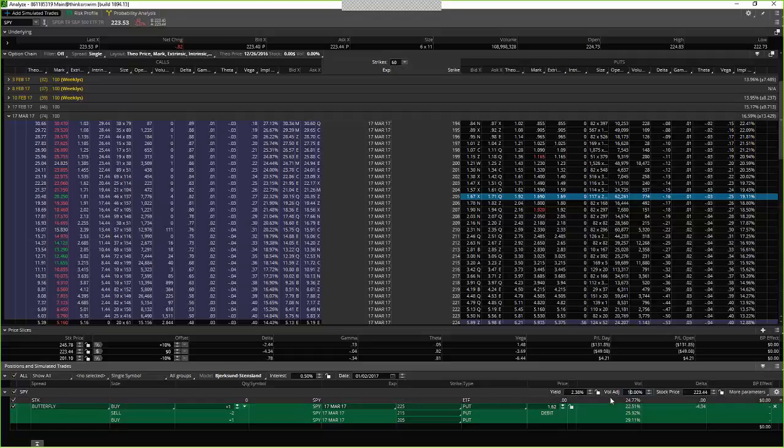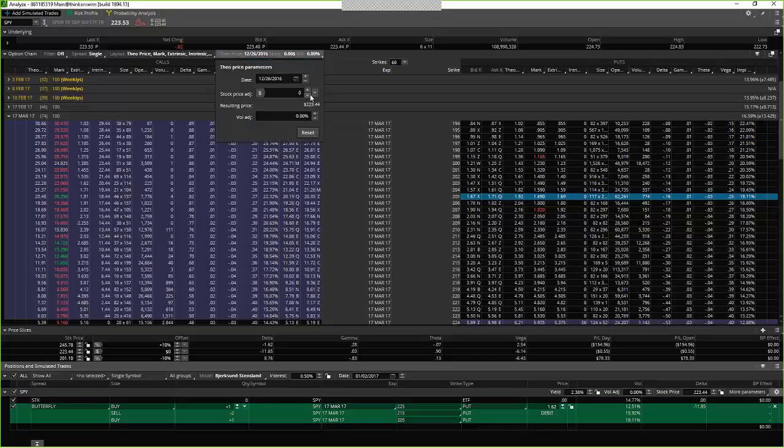No, that didn't change it. That only changes the graph. Let's take volatility up, say 10 points.